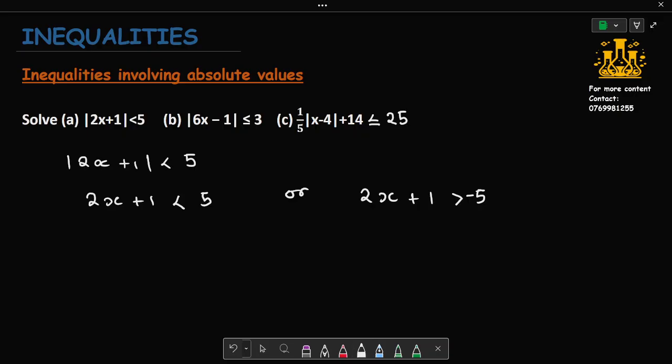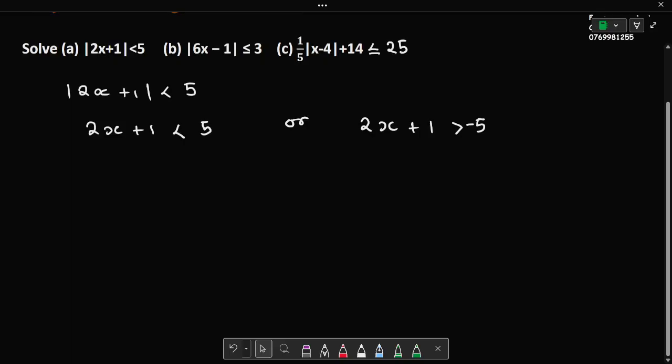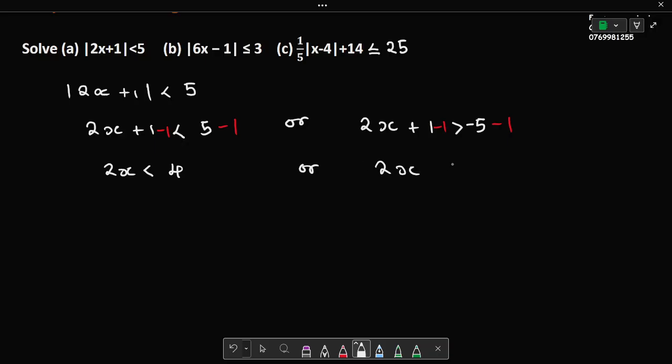So after we do that, we solve this separately. So we're going to subtract a 1 on both sides. Okay, even here we subtract 1, subtract 1. So what are we going to get? We'll get 2x is less than 4, this part, or 2x is greater than -6.